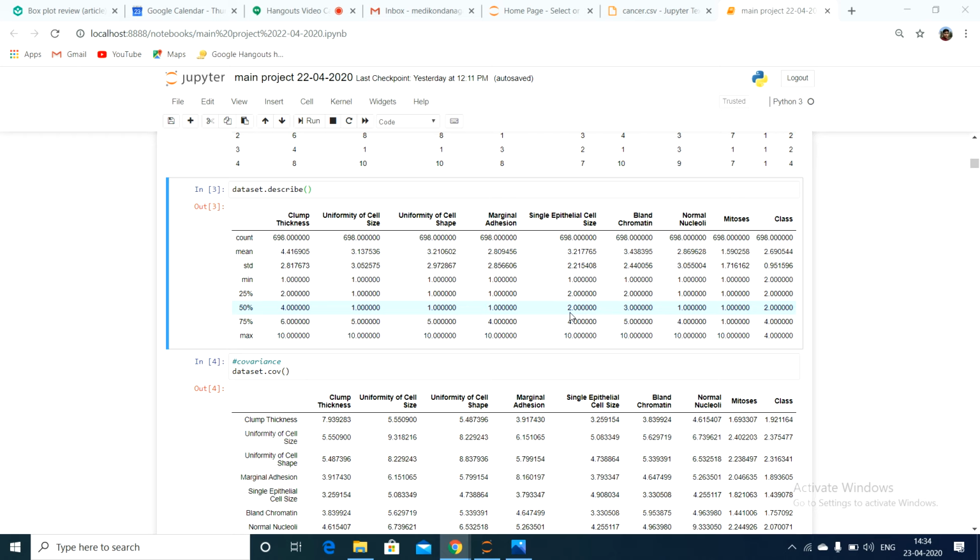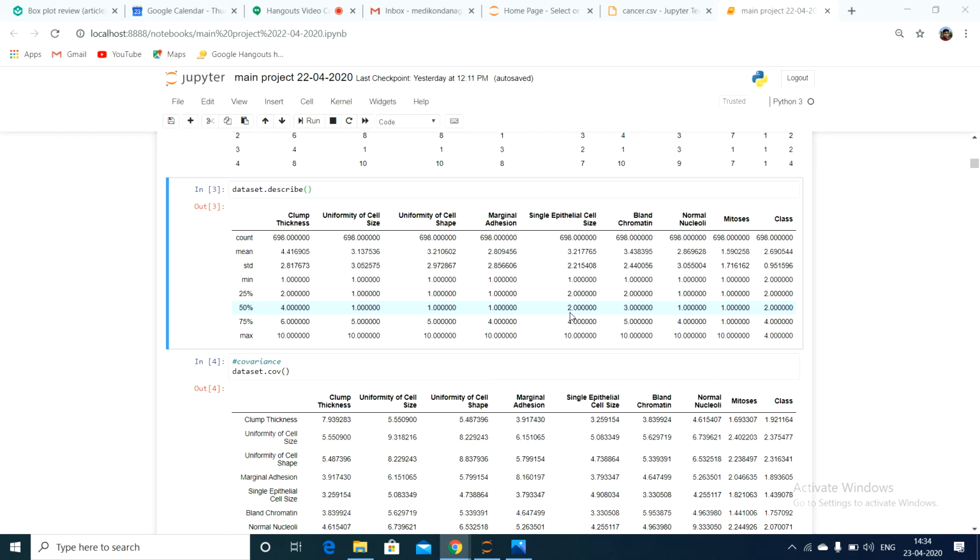In descriptive statistics, there is one other type. Whatever you see with data set dot describe, in the descriptive statistics we have central tendency: mean, median, mode, min, max. Dispersion: quartile, IQR, variance, standard deviation, skewness. These are specifically known as standard descriptive statistics.